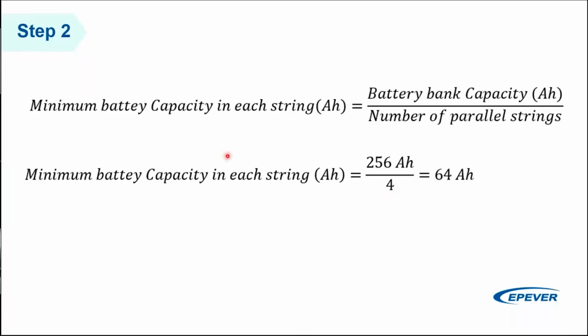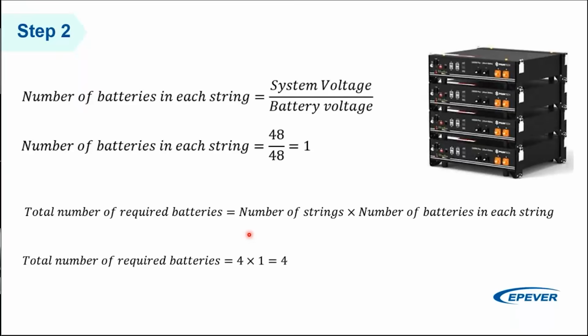So this formula indicates that the minimum battery capacity in each string should be about 64 amp hours. So if I have 4 batteries, each one providing at least 64 amp hours, then I will meet the battery bank requirements of my system.